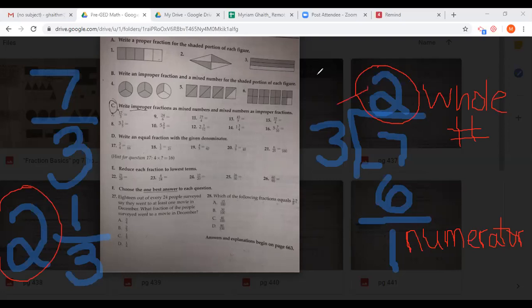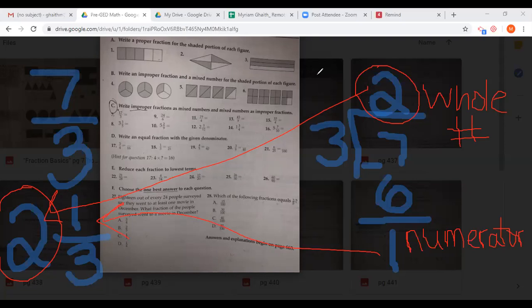Does that make sense? So this 2 became the whole number, and this 1 became the numerator. Did the 3 change? No, the 3 was the same because it was the denominator that we started with.